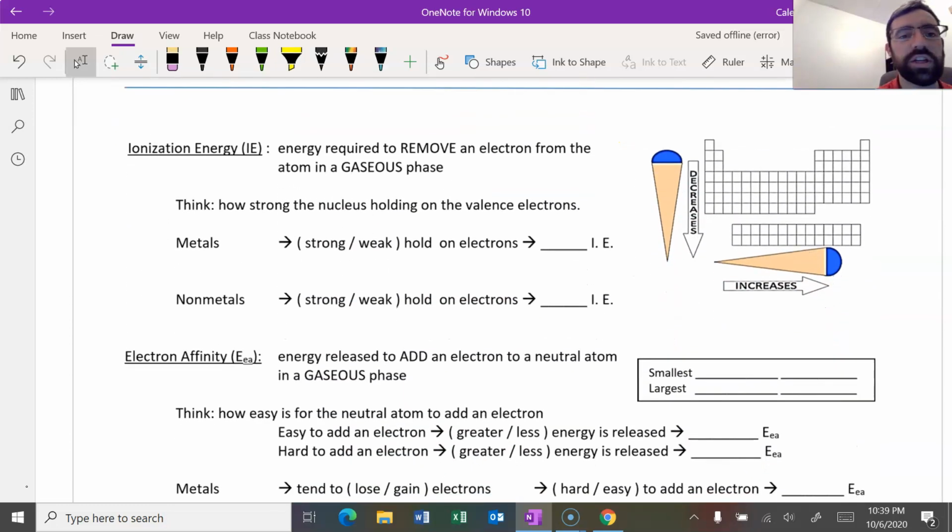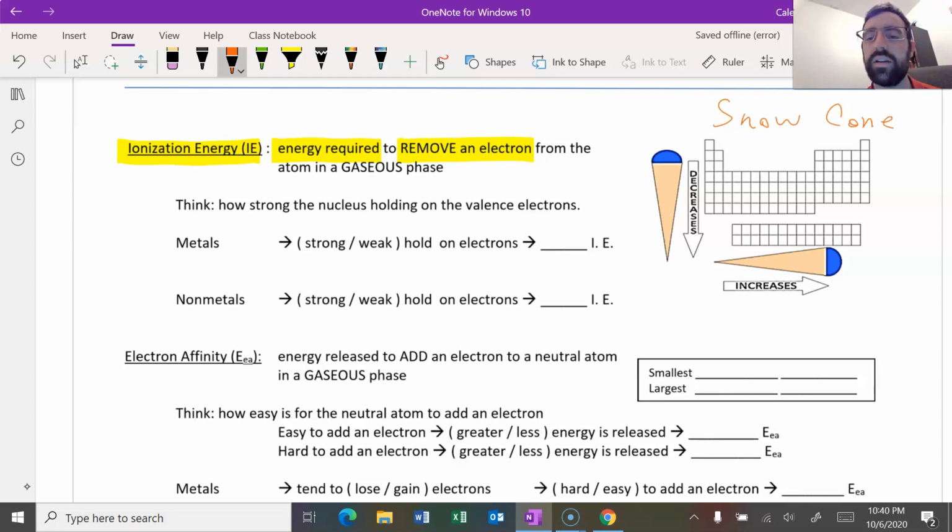Let's look at ionization energy. Ionization energy, by definition, is the energy required to remove an electron from an atom in a gaseous phase. I want you to focus on that part. It's the energy required to remove an electron. They do measure it in the gaseous state of matter. And this is a snow cone trend.